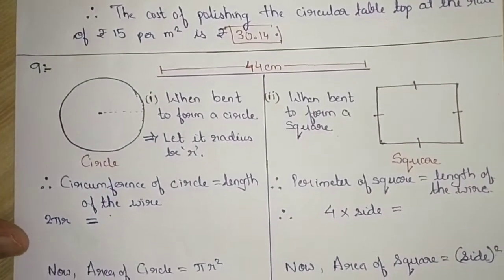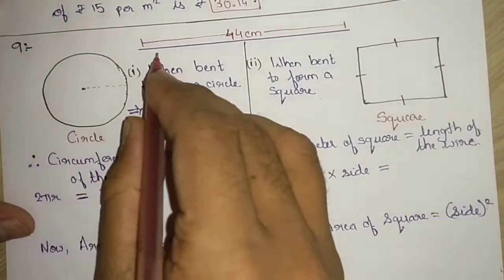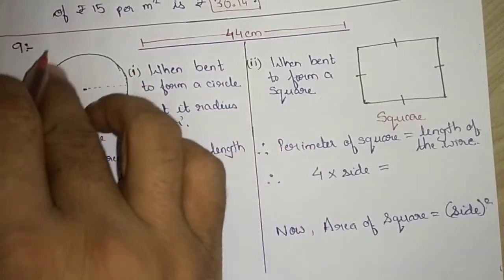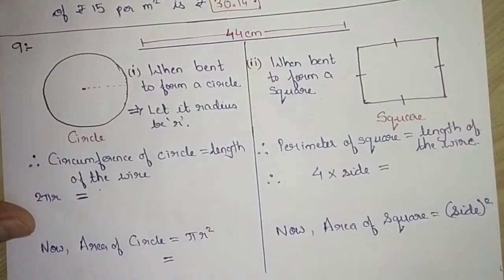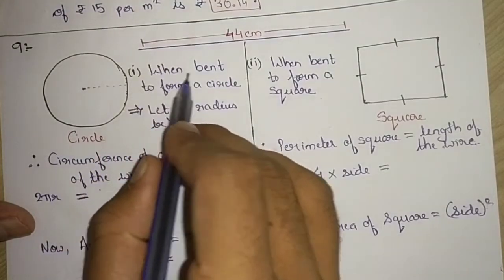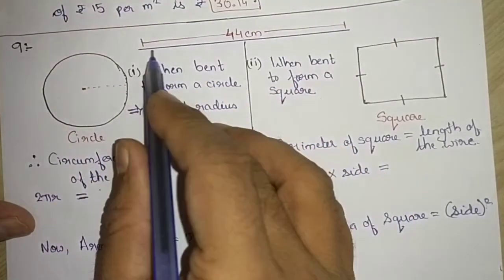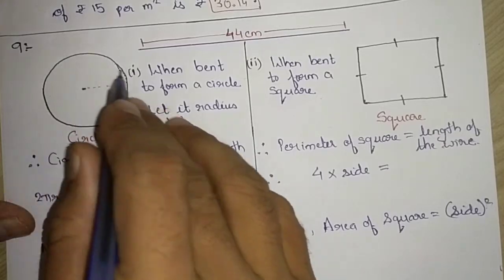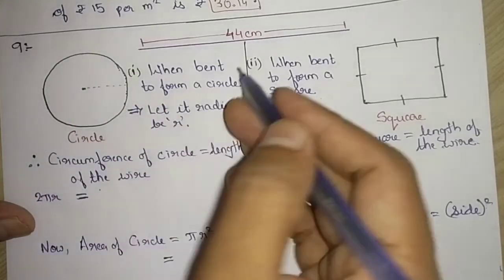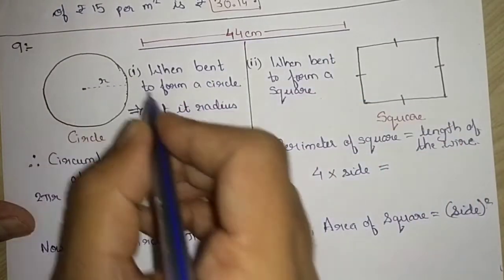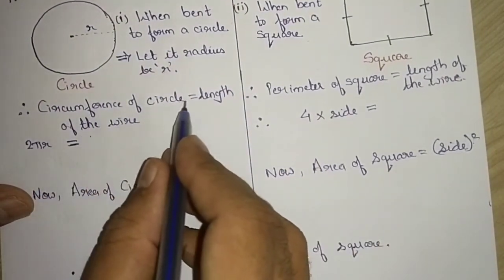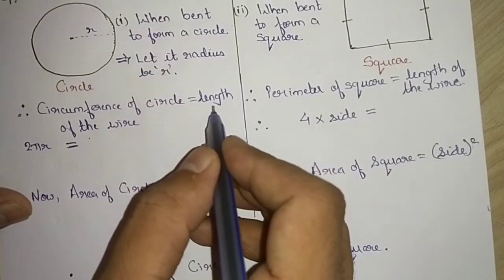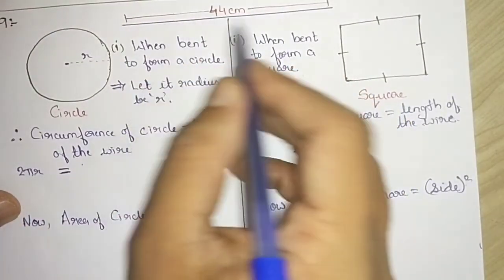What the question says: the wire is bent into the shape of a circle. So in the first situation I will write, when bent, this wire is bent to form a circle, let its radius be r. Therefore the circumference of the circle is equal to the length of this wire.